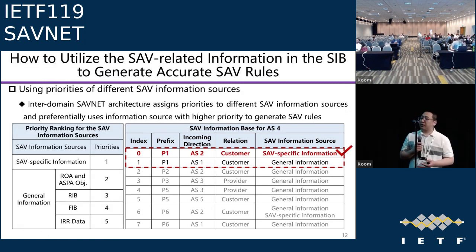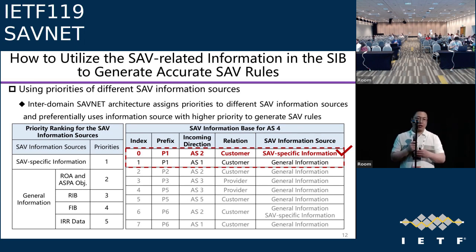So based on the cell-related information, how does the inter-domain Savnet utilize them to generate accurate cell rules? Inter-domain Savnet assigns priorities to different cell information sources and recommends using the information source with a higher priority to generate cell rules. The left table shows the priority rankings for the cell information sources, including cell-specific information and general information.